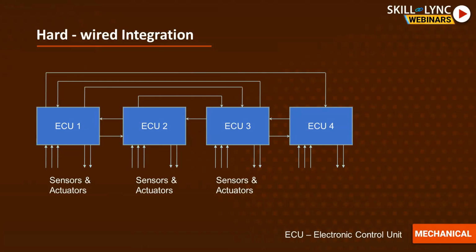In that case, what can happen? If there is no priority of the message, suppose my ECU3 message goes to ECU4 and my music plays first. In that case, what will happen? My car will get crashed. The accident will occur. So this is not a proper way to decide the priority of the messages in a hardware integration, or I'll say the conventional, very old method of networking.